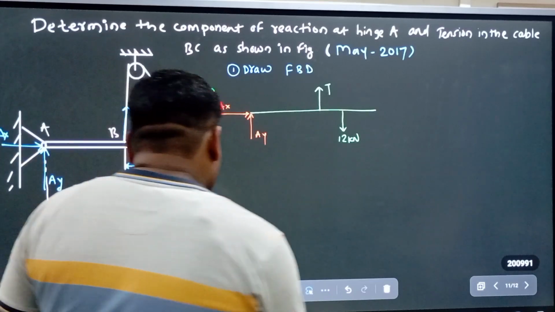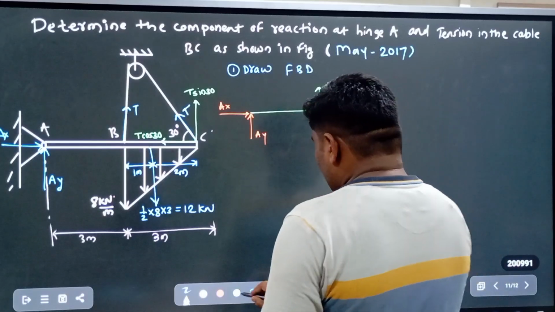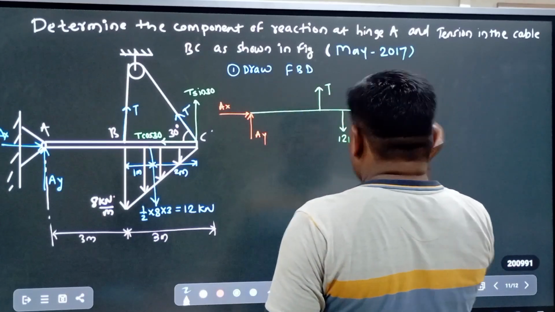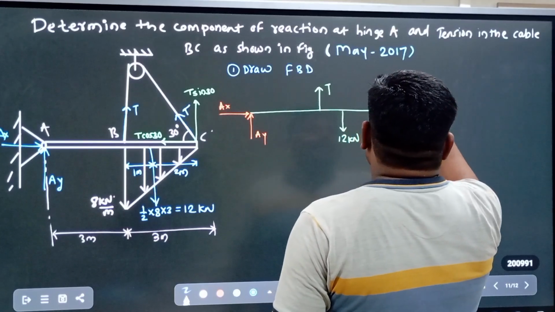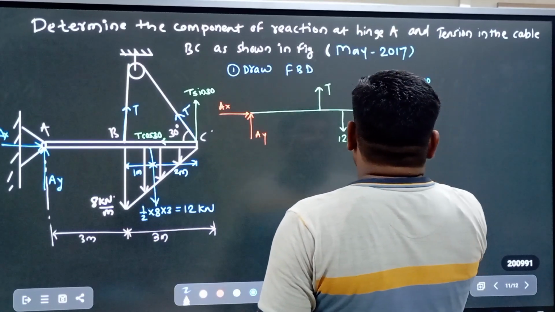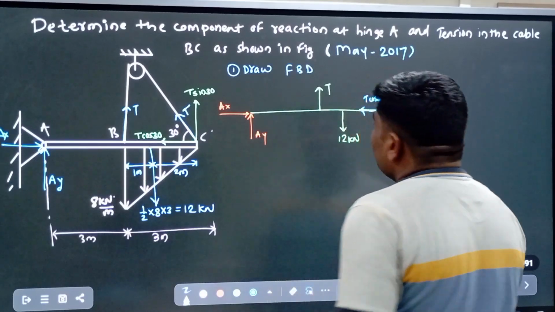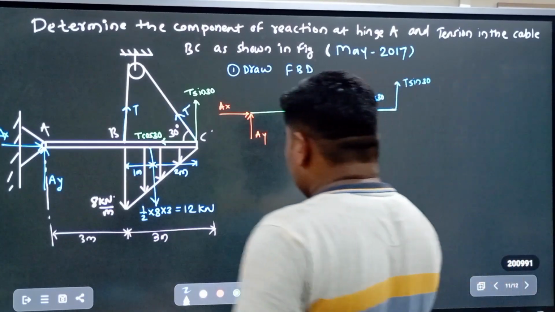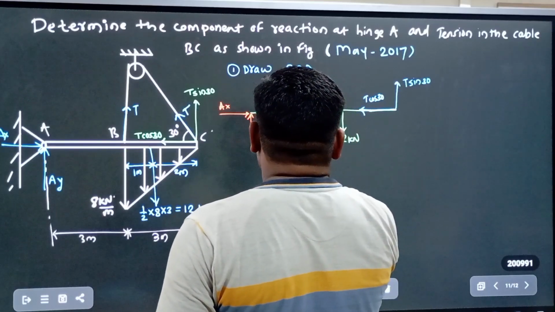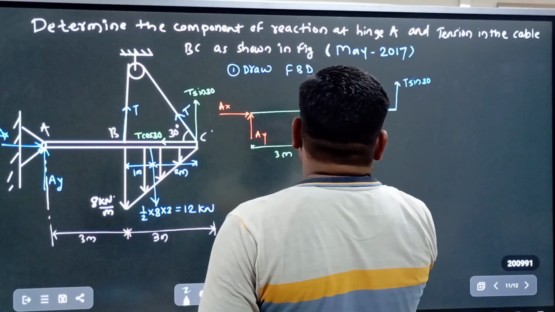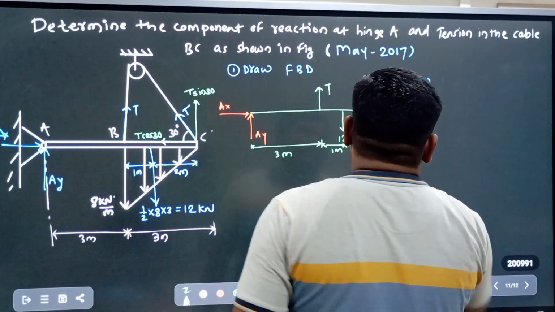So we have to take these two reactions at point B, this will be T sin 30, and this will be T cos 30. So that will be the free body diagram. The distance up to this is 3 meters, from here to here it is 1 meter, from here to here it is 2 meters.